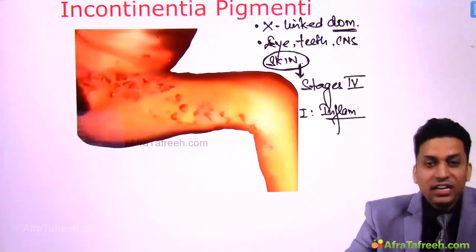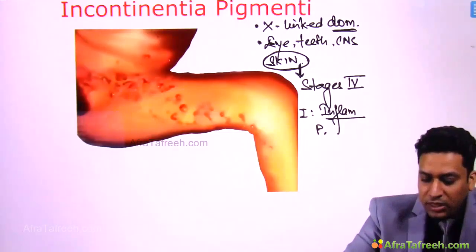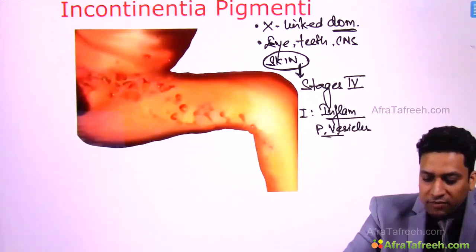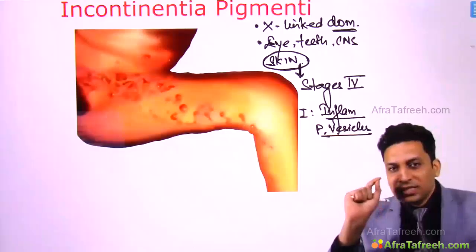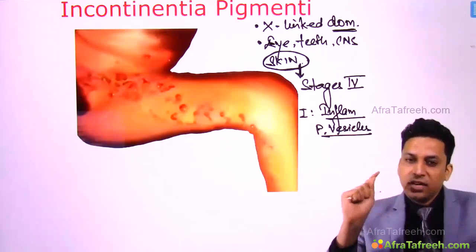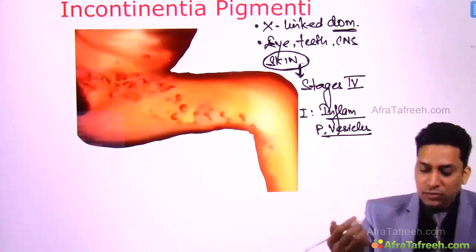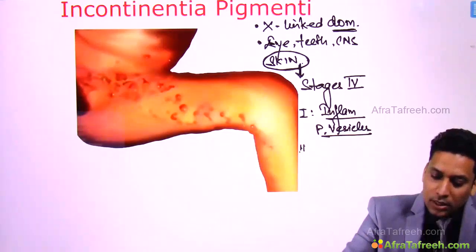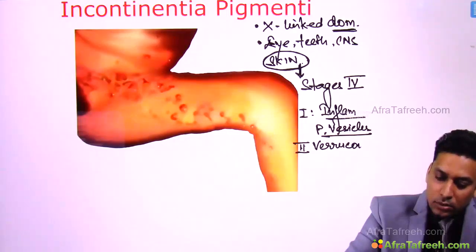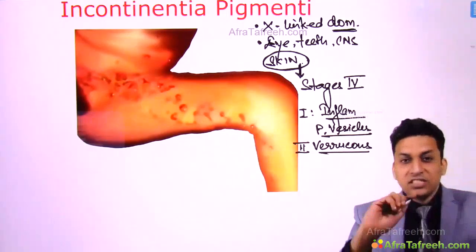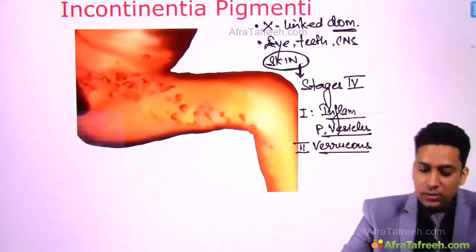So here lesions are inflammatory, like inflammatory papules, inflammatory vesicles, fluid-filled lesions might also be present. Stage 2, verrucous. Verrucous means rough surface, hyperkeratotic lesions.